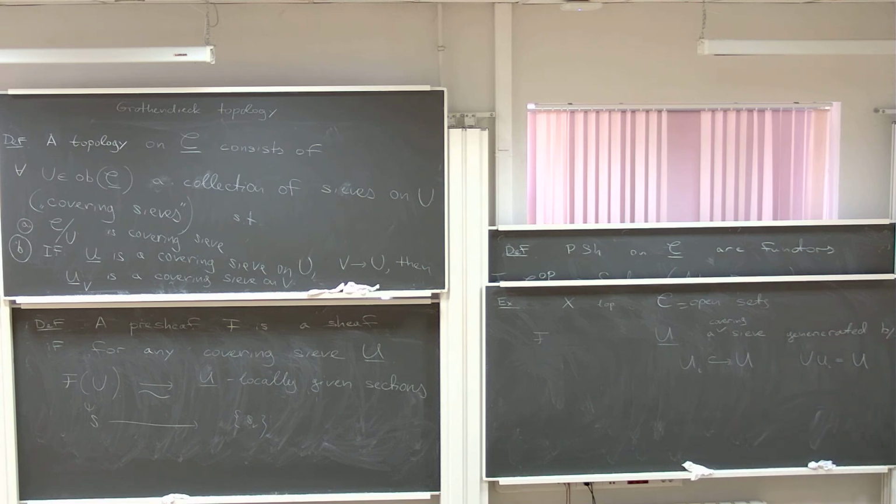Now we have a presheaf F. What is a locally given section?